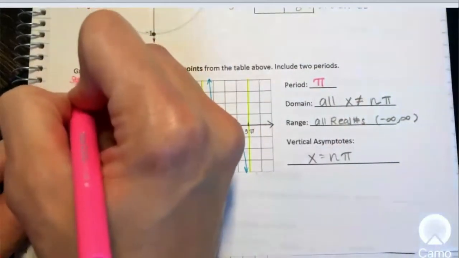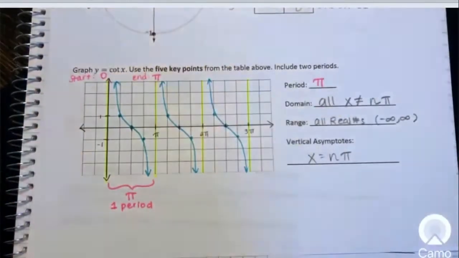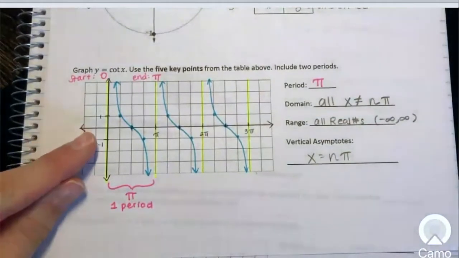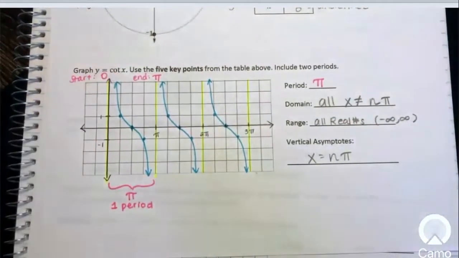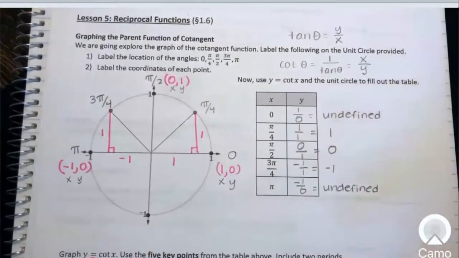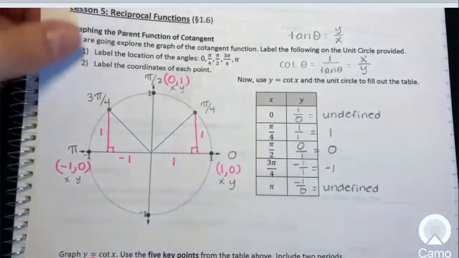This would be our start and this would be our end. So we just have to keep track of those different starting and ending values, given we are now using cotangent. And then we also have reversed parent function values.